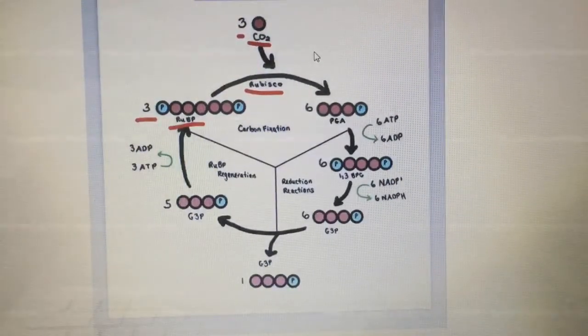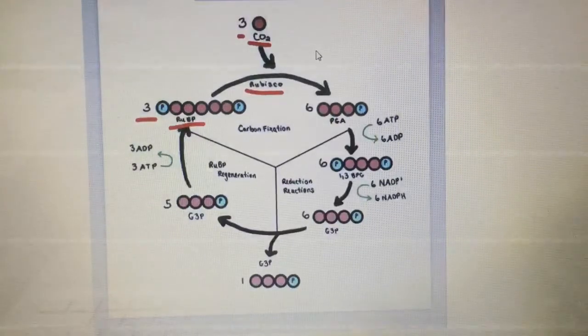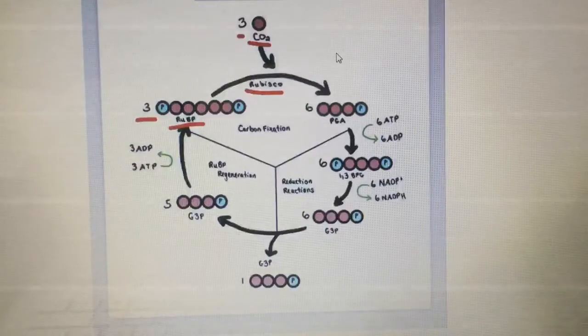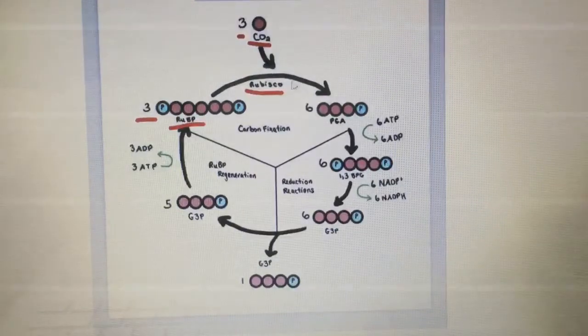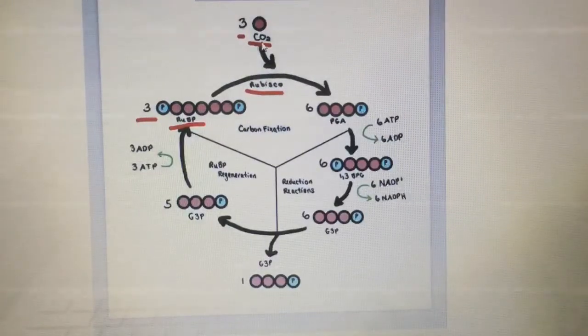But due to its unstable state, the 6 carbon compound will immediately split into 2 molecules of 3-phosphoglycerate. So we must know that for 1 molecule of RuBP and 1 molecule of carbon dioxide, we will get 2 molecules of phosphoglycerate.